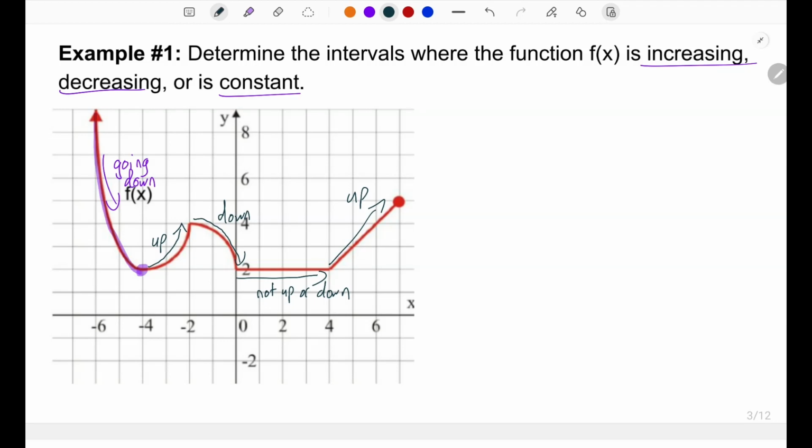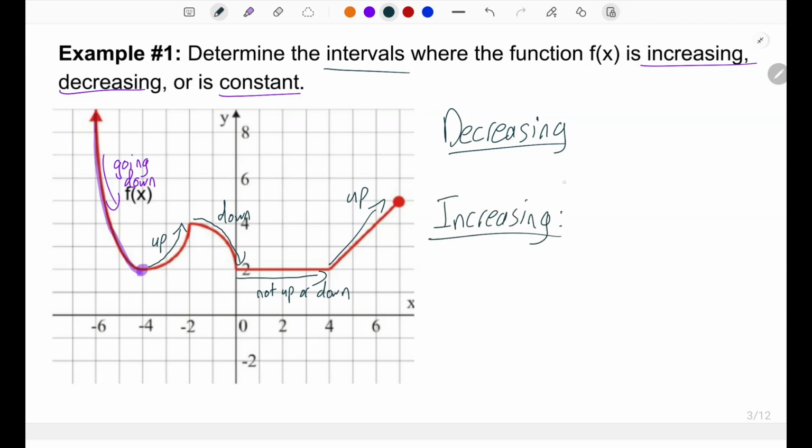So now let's take how we've read that graph from left to right, and translate that into intervals of increasing and decreasing. So we'll go decreasing first, then increasing, and then constant.